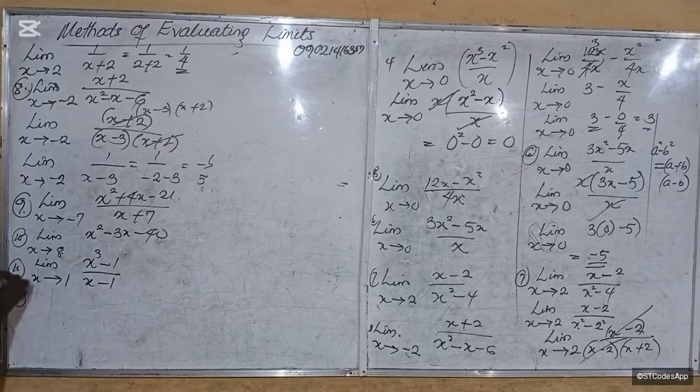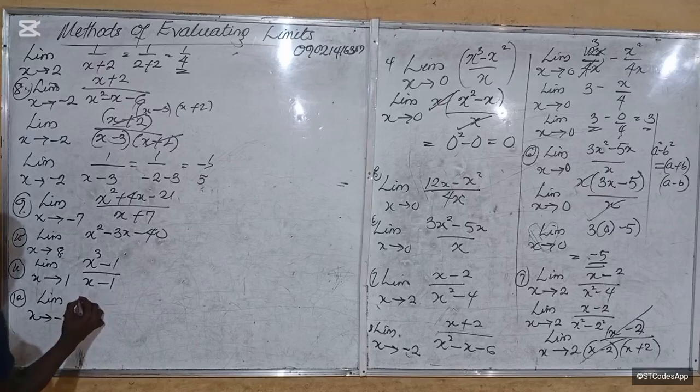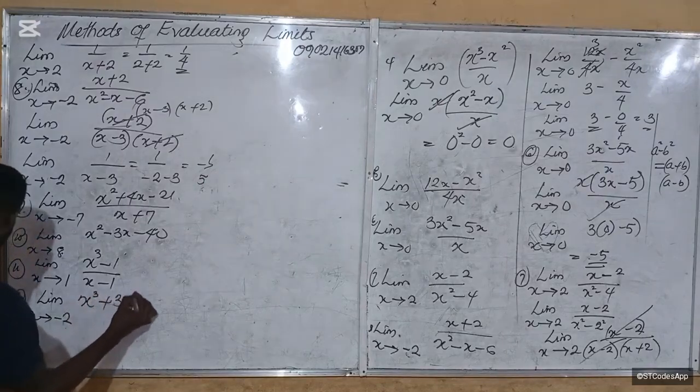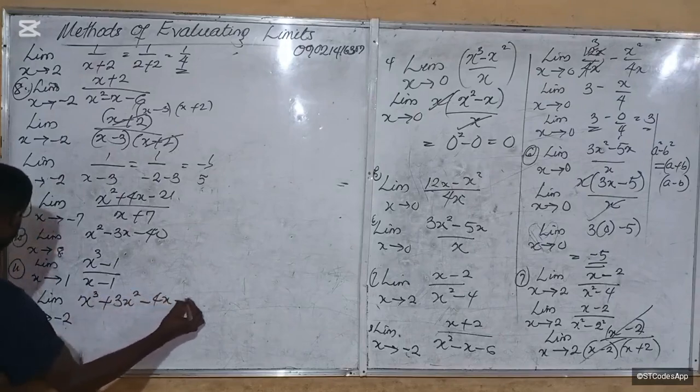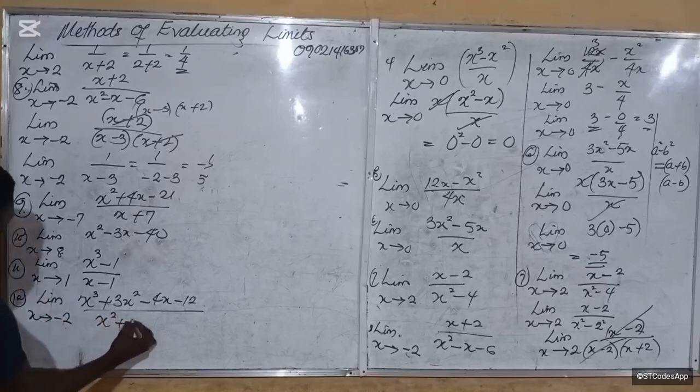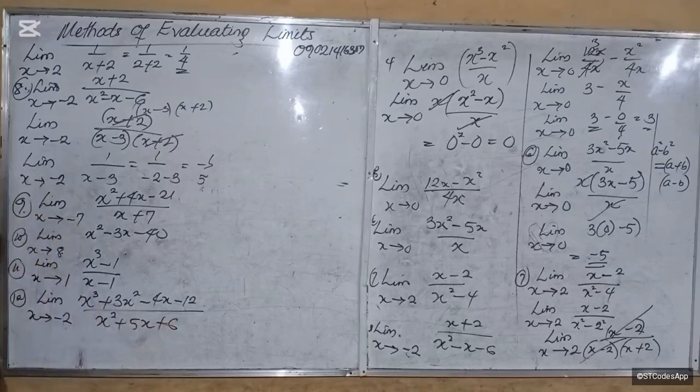Number 12 says the limit as x approaches minus 2, this one is long, well, let's still use it, of x cubed plus 3x squared minus 4x minus 12 over x squared plus 5x plus 6.